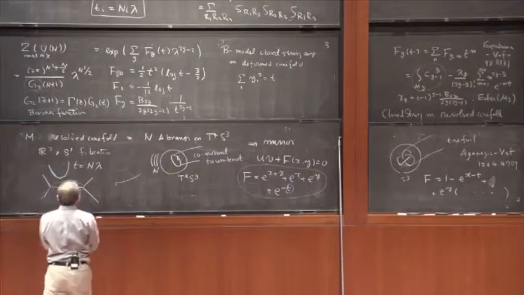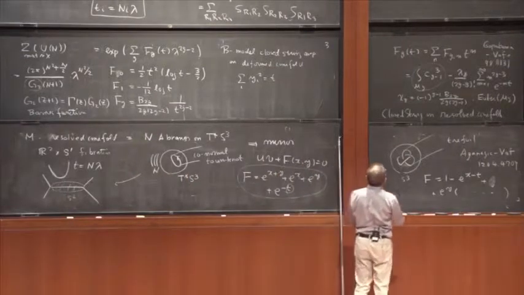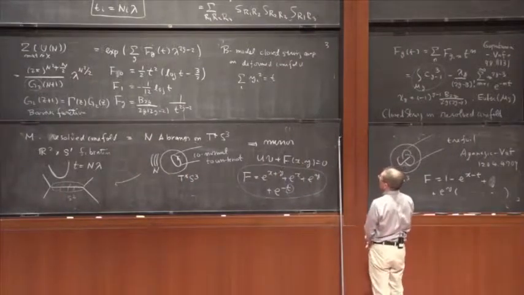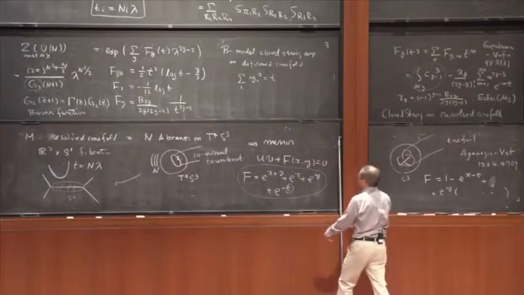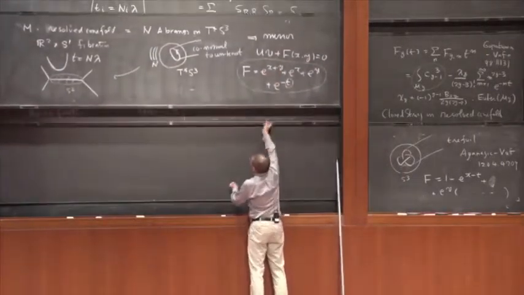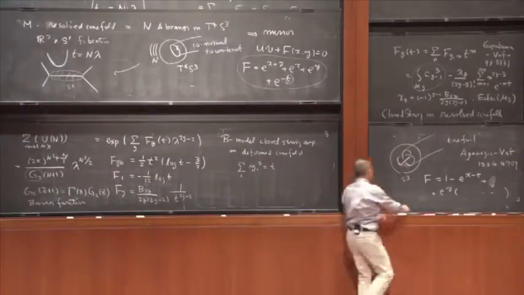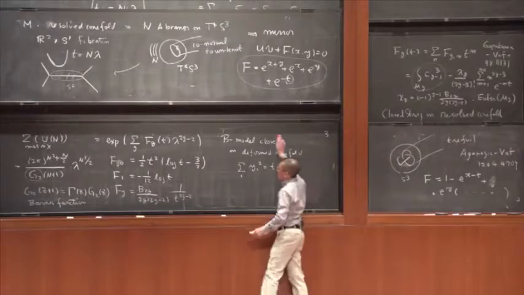Well, I am taking the N to infinity limit in the sense that when we actually do the comparison, we are expanding things in 1 over N in the following sense. So for example, let's take this formula. Let's take this formula.